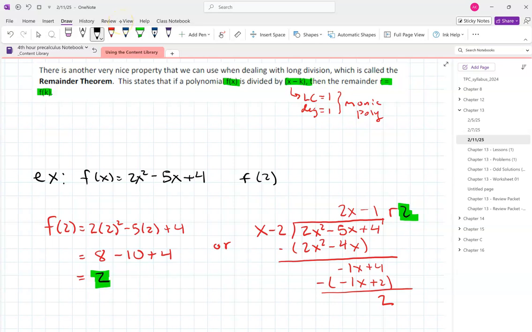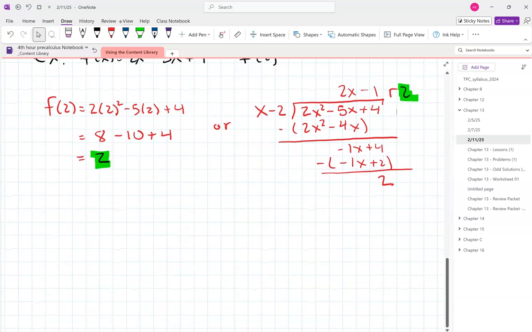Now, of all the possible numbers you could get for a remainder, which number is the most important remainder? 0. Great, exactly right. Why is remainder 0 important?